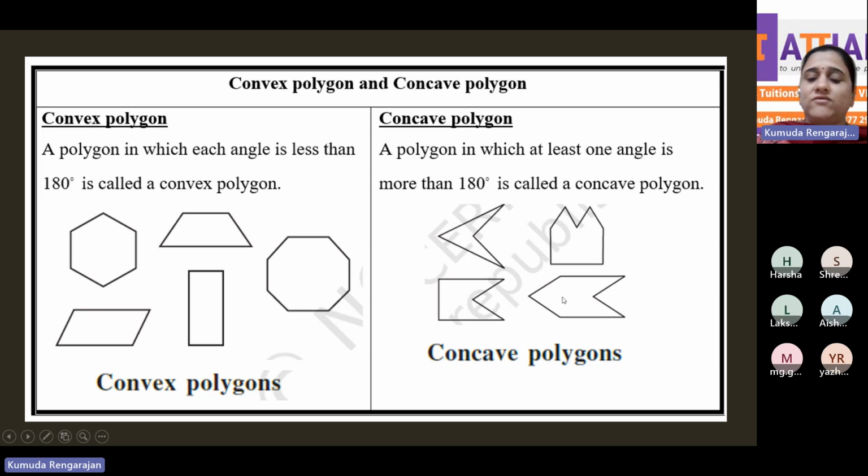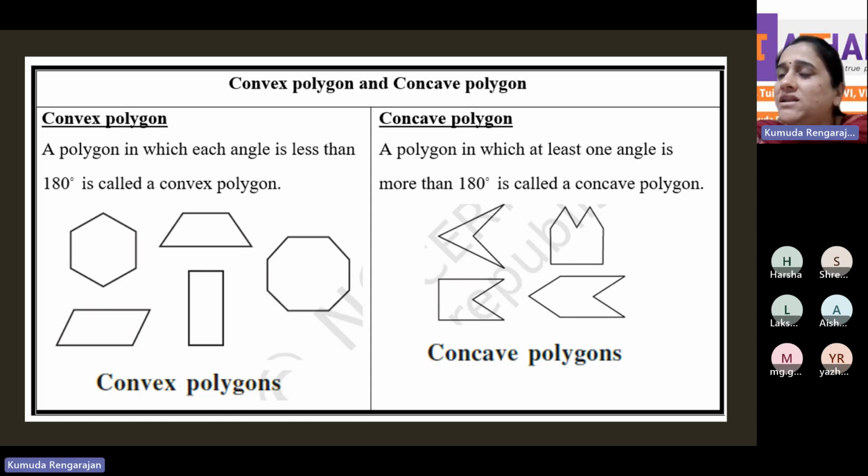Equilateral triangle is a regular polygon. Correct. In an equilateral triangle, all the 3 sides are equal and each angle measures 60 degrees.